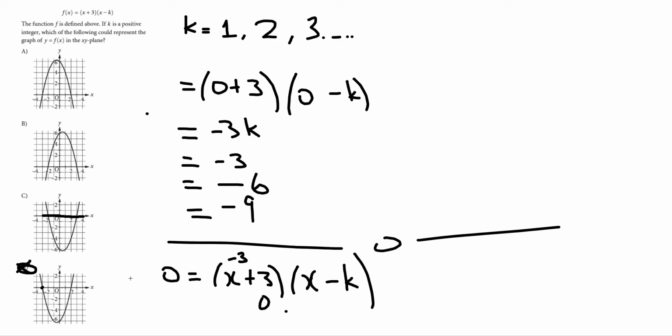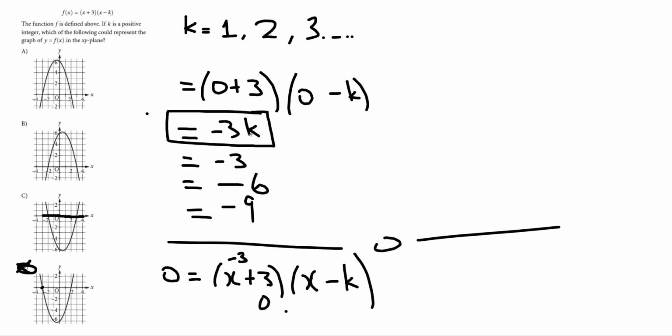For this question, we probably don't need it, but what we could have done is the following. If we knew that k could be one of these values, then going back to when x was equal to 0, we found this expression.